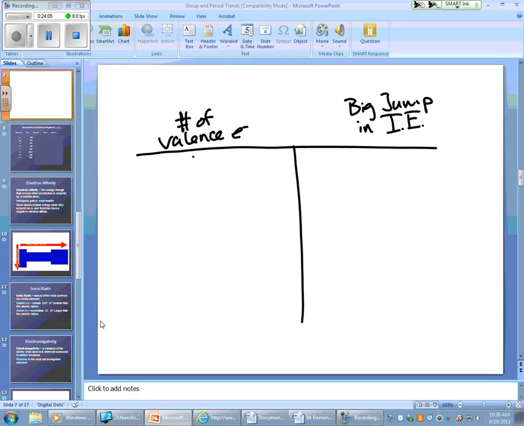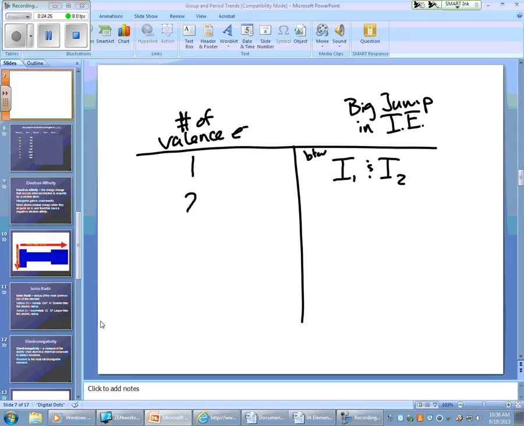So we already saw that group 1 had a big jump in ionization energy. It lost its first electron pretty easily, so it was between I1 and I2. I2 had a huge ionization energy because that was removing a core electron.